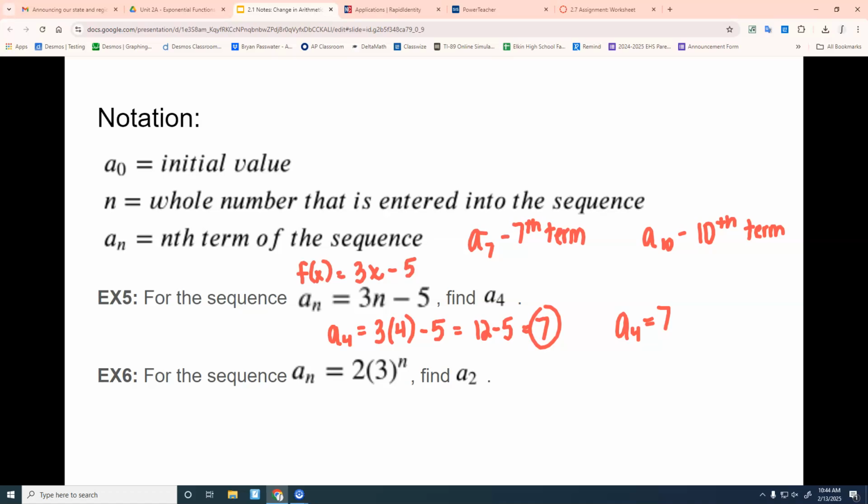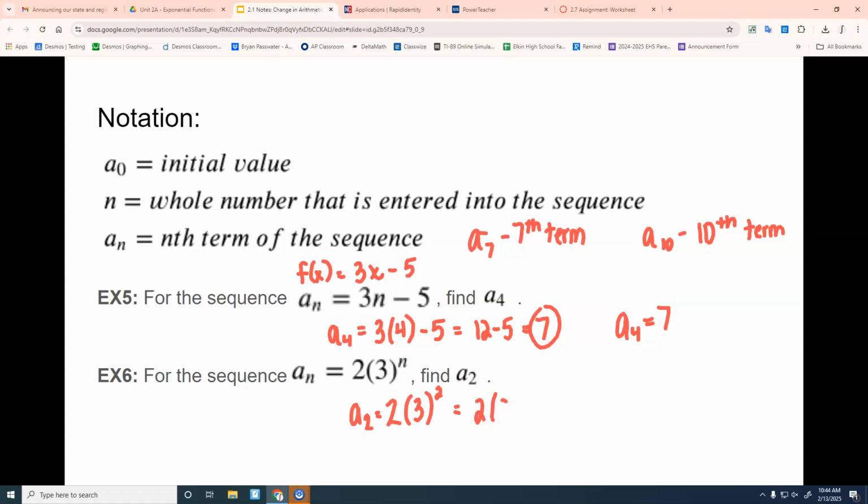Okay. So all you are really doing is plugging the numbers in right there. So if we're asked on the next one to find a sub 2, then we're going to have 2 times 3 squared. And what do I have to do first there? Got to square it first.